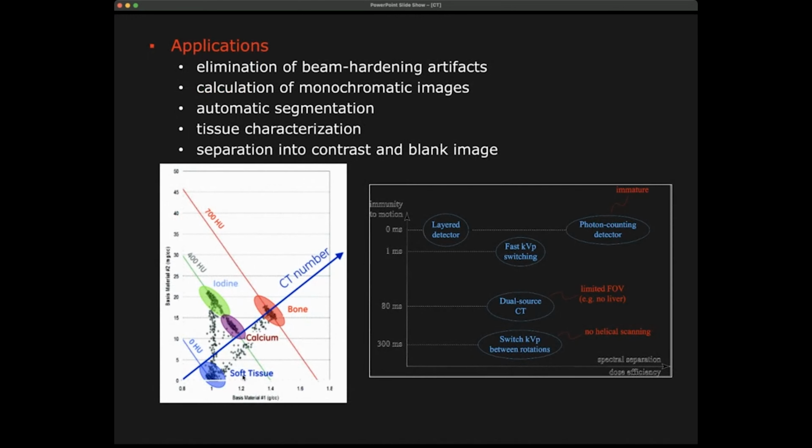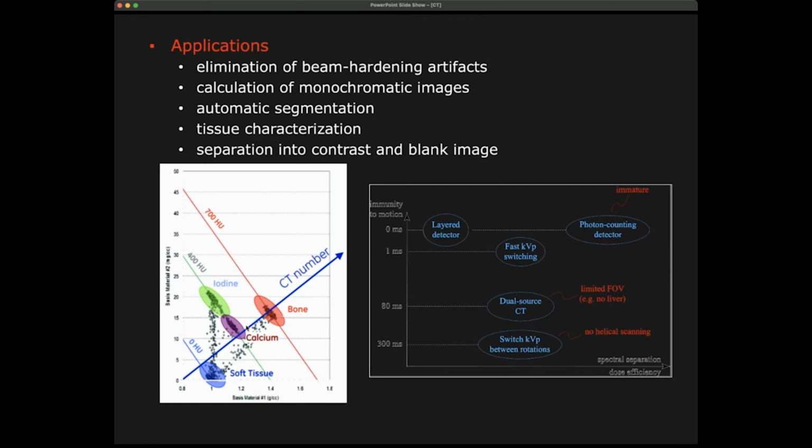By doing that, you can get two images where for every pixel, or every point in space, you have two measurements of attenuation at different energies. That makes it easier to discriminate different types of tissue.